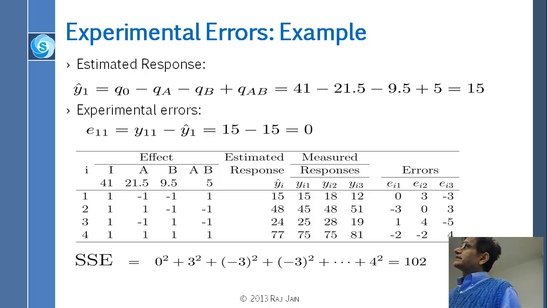So in this case, if there were 3 values measured, the mean was 15, so that is what you are going to predict. Your model will predict y hat 15, and so the error would be 0 in this case, 3 in this case, and minus 3 here. Similarly here the error is minus 3, 0, and 3 because you are subtracting y hat from y measured.